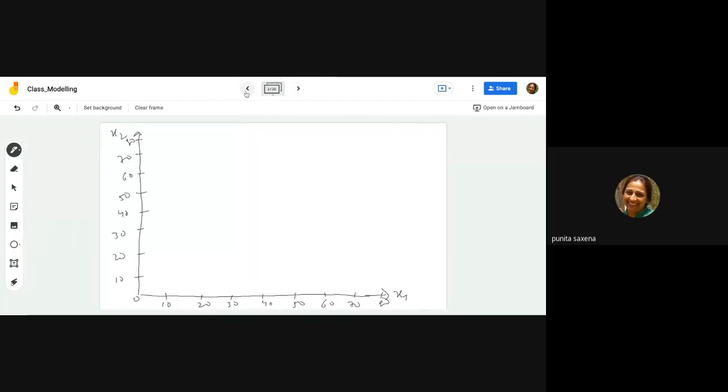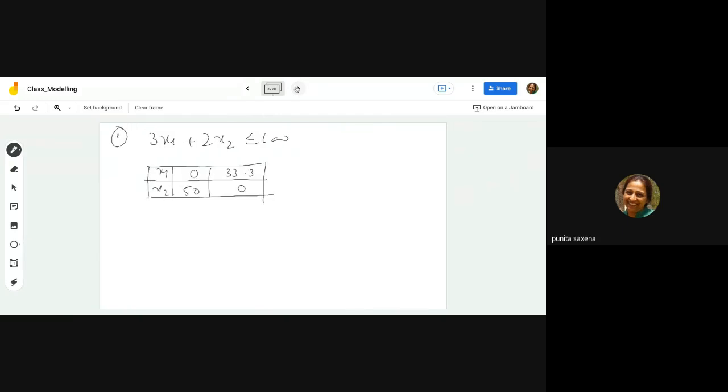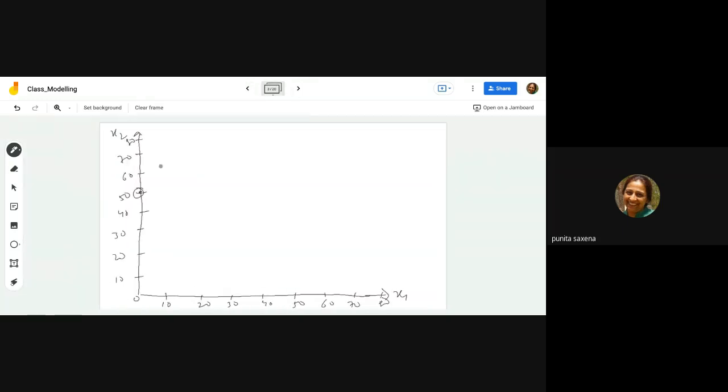So 0, 50 is this point. And the next point is 33.3, so somewhere here. It's a rough plot, of course you can use graph paper in any case. So the line joining these 2 points will be something like this.